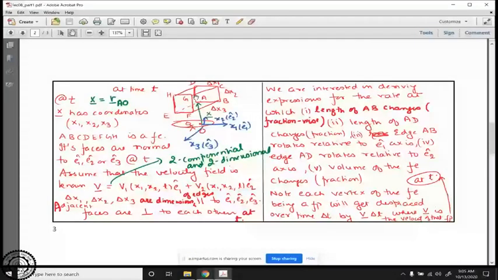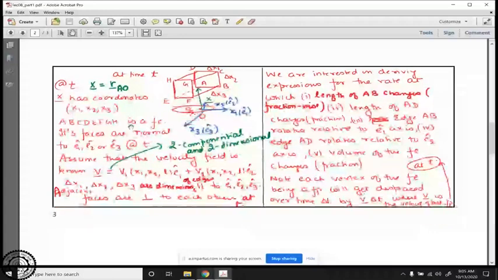So we start the derivation for these quantities. As I said, my working coordinate system is Cartesian with the origin at O. This is a reference frame with respect to which the motion of the fluid is being observed.